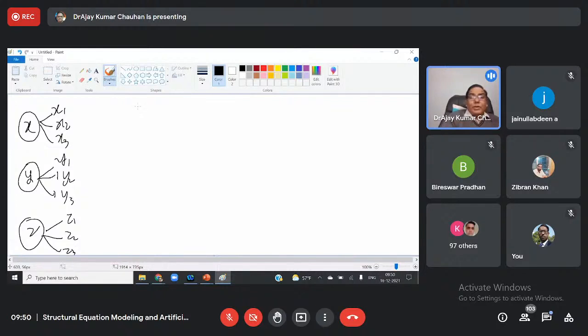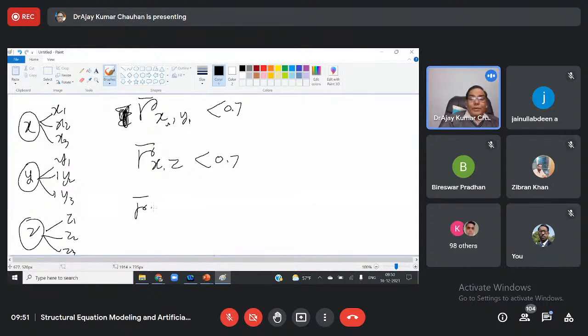So the correlation between any xi and yi, the average correlation, not summation, between items of x and items of y should be less than 0.7. The average correlation of x and z should be less than 0.7. The average correlation of y and z should be less than 0.7.